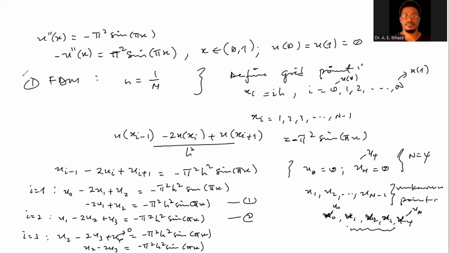So in this case, we now have the system of equations, where u is u_1, u_2, u_3 transpose, and for the first equation, negative 2u_1 plus u_2 is the same as negative pi squared h squared sine pi x_1.